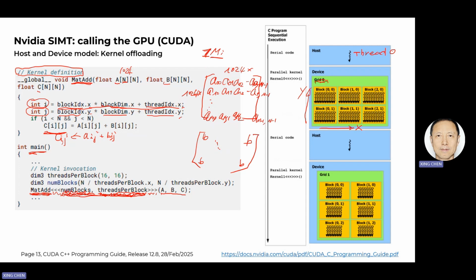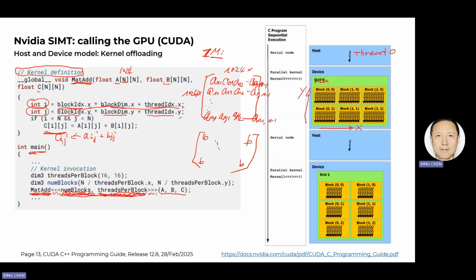Each thread is going to use its x, y position to find out the element it needs to work on. So each thread is going to execute this piece of code.